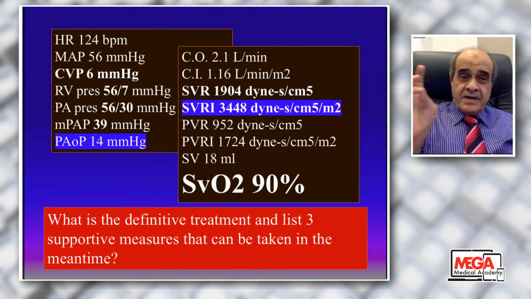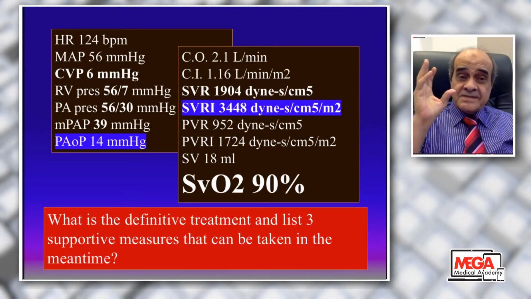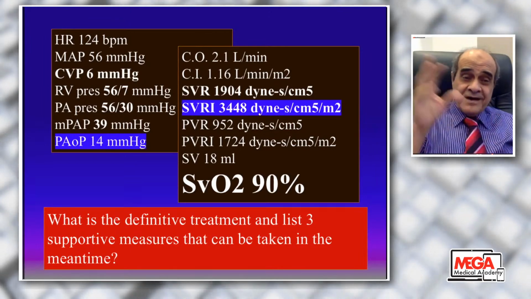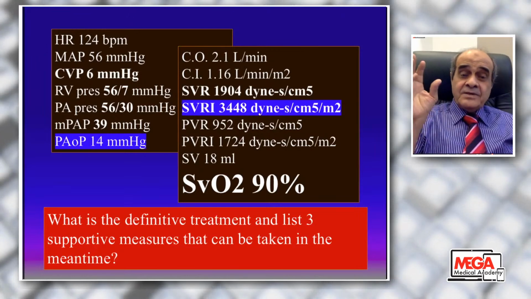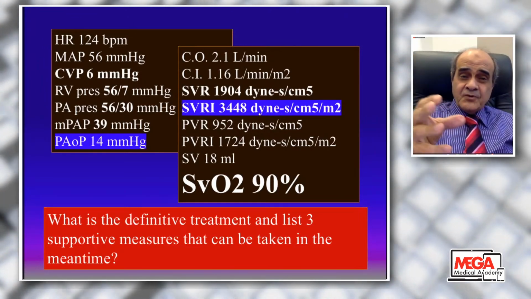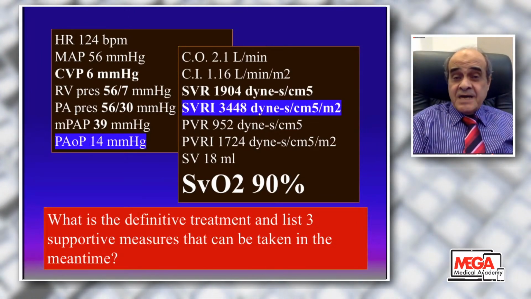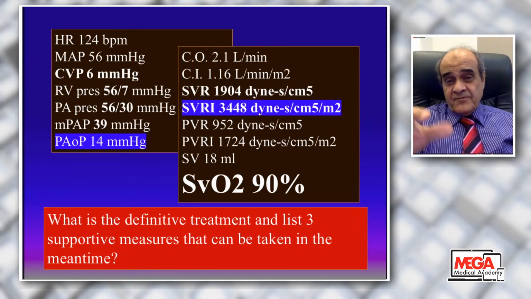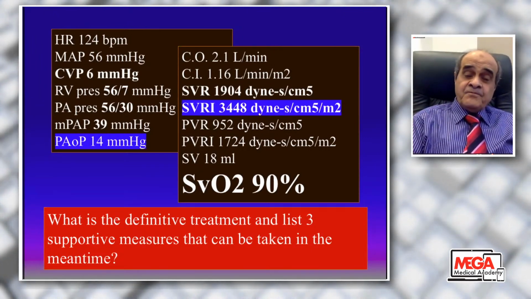I see here tachycardia, mean arterial pressure is low, and all the right-side filling pressures are high: right ventricular pressure, pulmonary artery pressure. Even on the left side it is 14. Cardiac output is low, systemic vascular resistance is high, maybe from compensation or maybe from the drugs we use, noradrenaline and dobutamine.